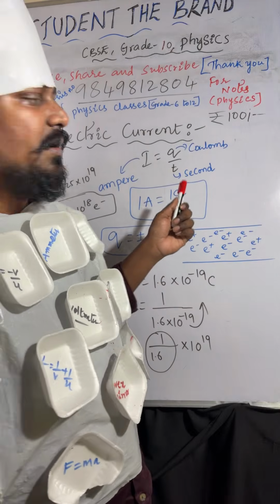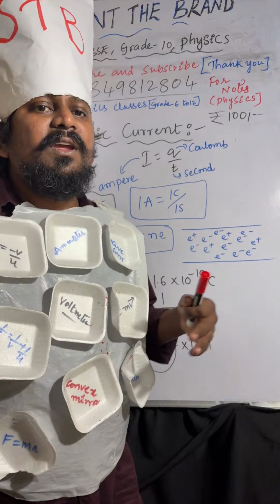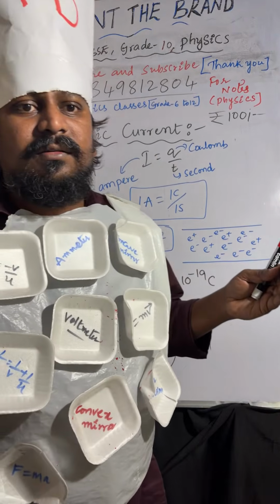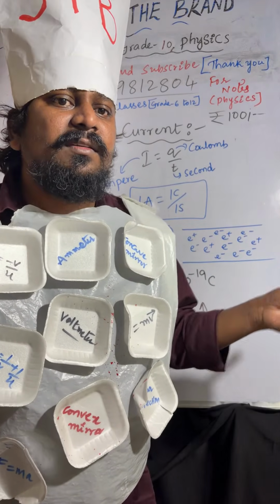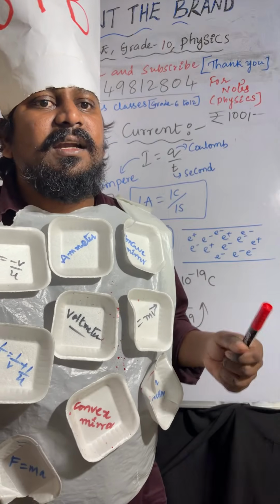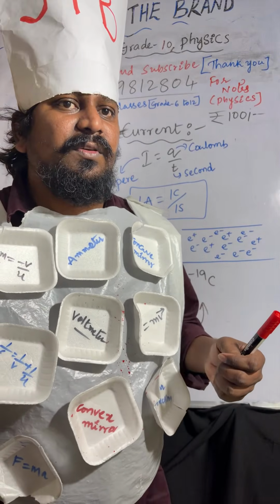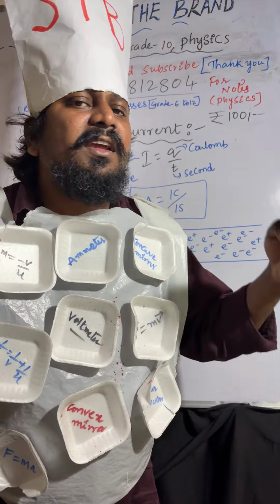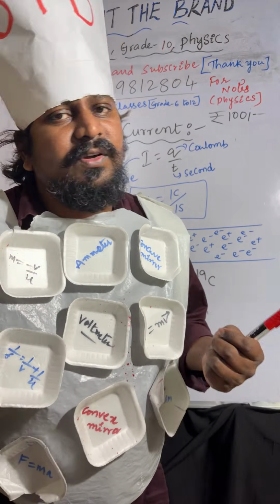Right? Now, Q is the quantization of charge. What do you mean by quantization? In the conductor, if only one electron flows, we can't say current is flowing. Only two or three electrons flowing, we can't say current is flowing. Many charges are moving in the conductor, then only we can say current is flowing.